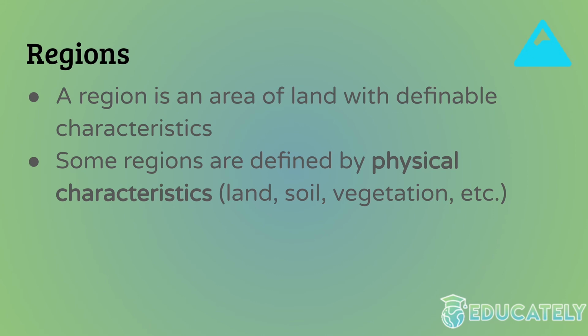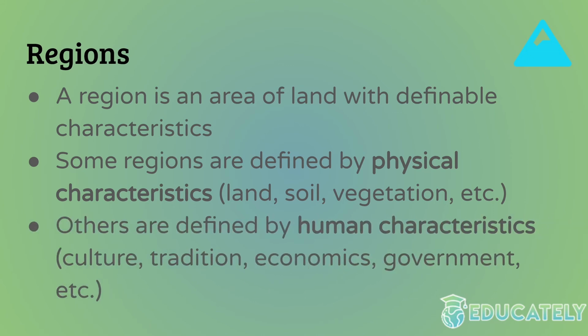While later on we talk about regions with human characteristics, so things like culture, tradition, economics, government, how those aspects separate different countries, on a more local level maybe cities and states, different parts of the United States, for instance. And yeah, different continents.